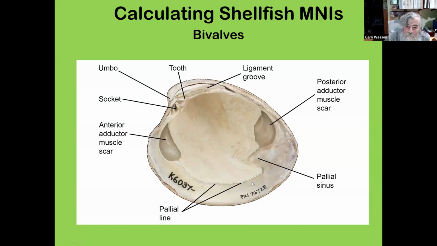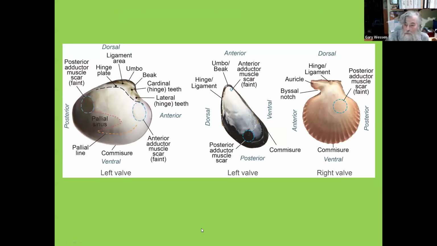This is a pallial line, and you'll notice on one side of the animal only, there's a concavity in the pallial line. It's called a pallial sinus. For those of you who dig and eat clams and know a little bit about the anatomy of clams, you know that a clam has a foot that it can dig with. The foot comes out here, and if you open up your clam before you eat it, you'll know that there's a tube or two tubes that come out of its body this way and stick out down the end.